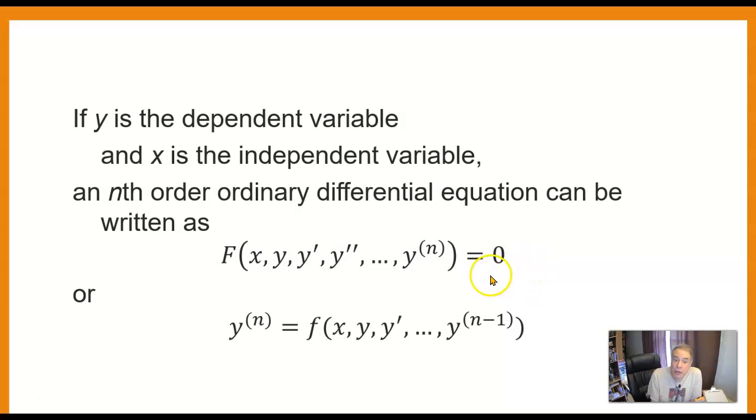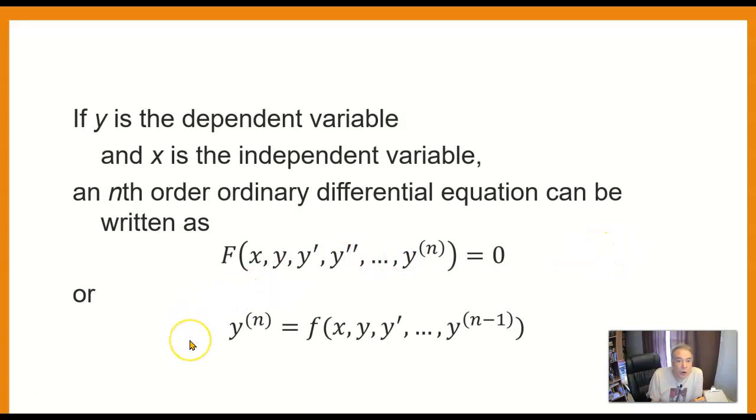With any equation, you can line it up so it's got a 0 on one side. If it isn't like that already, you could take what is over here instead of 0 and subtract that on both sides. In that case, the expression on the left side, the side that isn't 0, is going to involve the independent variable, the dependent variable, the derivative of that dependent variable, and then the second derivative and third derivative, all the way up to the nth derivative, whatever the order is.